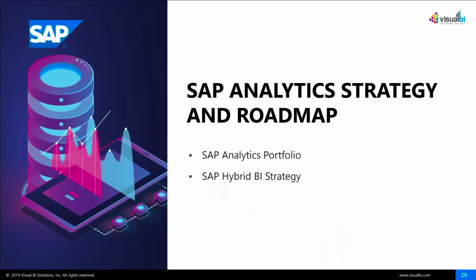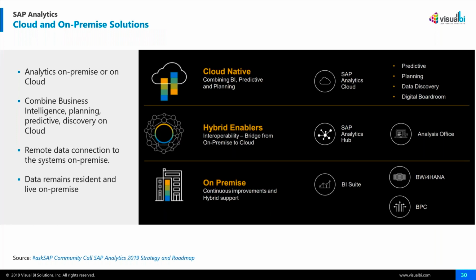So, shifting gears from data warehousing to the analytics strategy and the SAP side of things, I wanted to summarize a little bit, and I know we have done quite a few webinars. If you look at it, SAP has several on-premise offerings in terms of Business Objects Suite. They have BPC, they have BW.